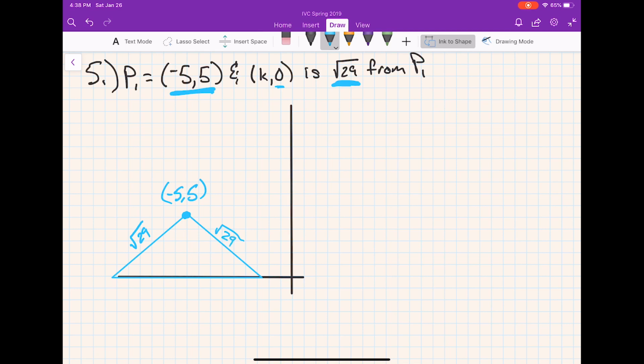So I need to find the points on the x-axis, because y is 0, that I need to find my x values for this. So k comma 0, and this is going to be another k, 0. So, what is k?